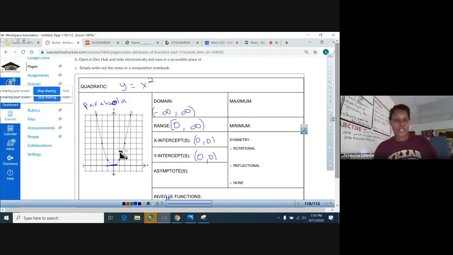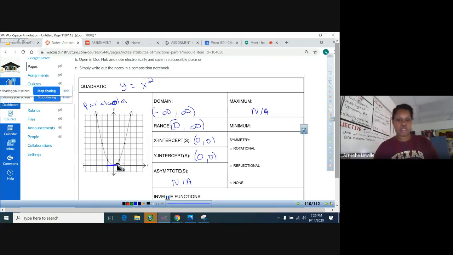If you look at the graph, there aren't any curves that are leveling, and there are no jumps in the graph. So this graph does not have any asymptotes. If you go to the top of the graph, it doesn't stop, so there is no maximum. But there is a minimum.